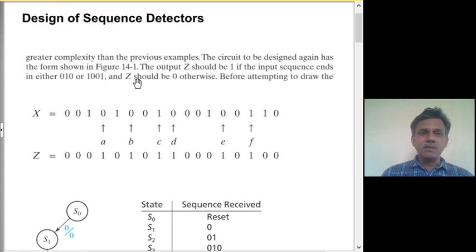In all other cases, Z should be 0. So, this is the problem statement.